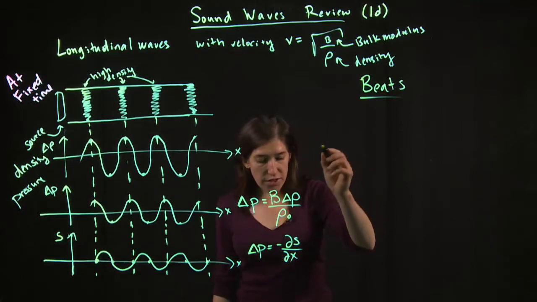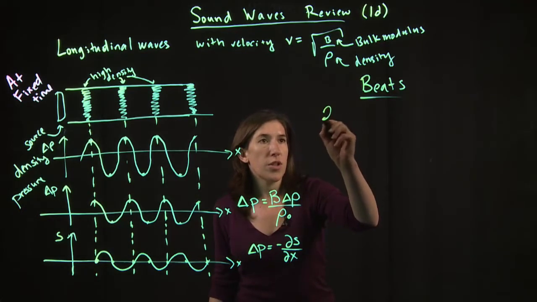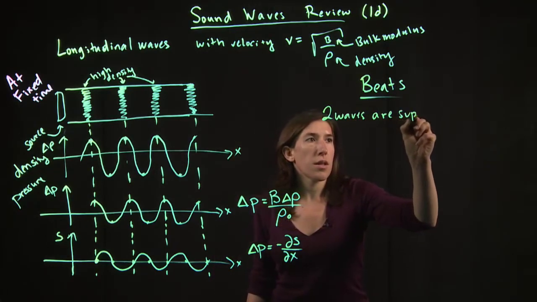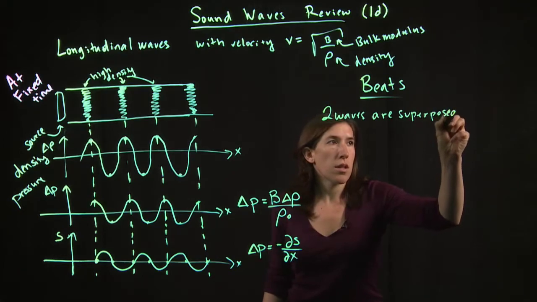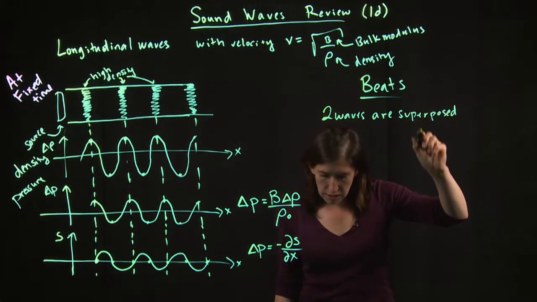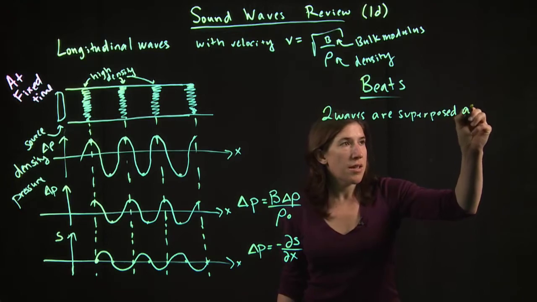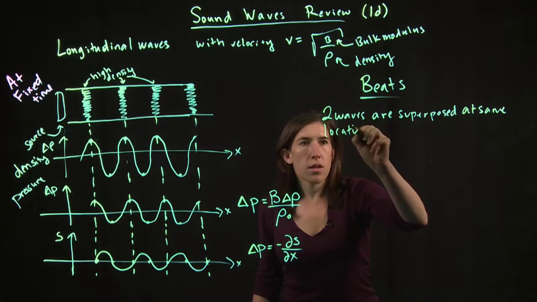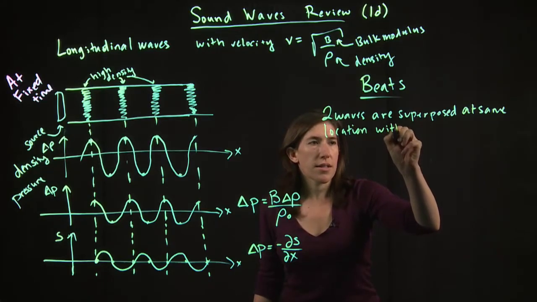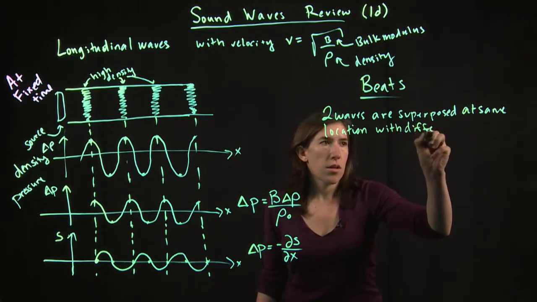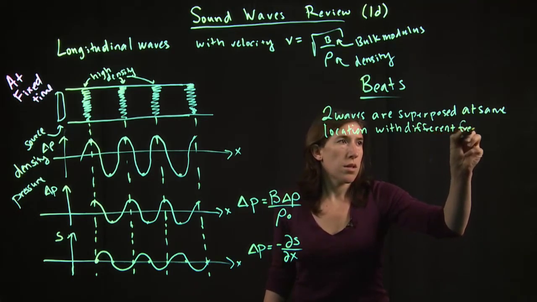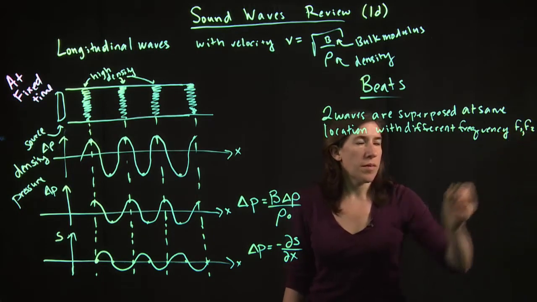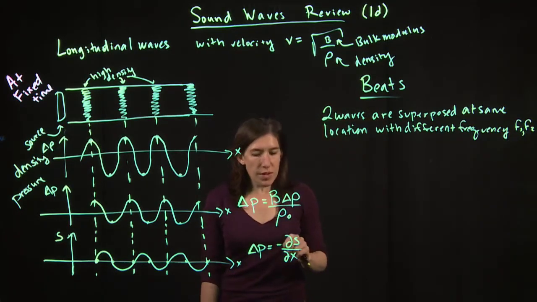Now this occurs when two waves are superposed at the same location with different frequencies. Let's call them F1 and F2 for our two waves that we're superposing.